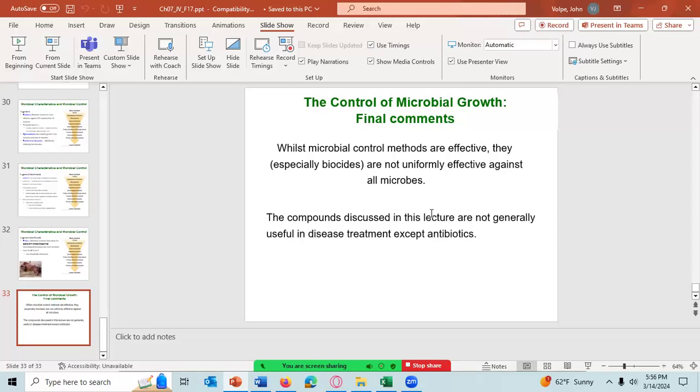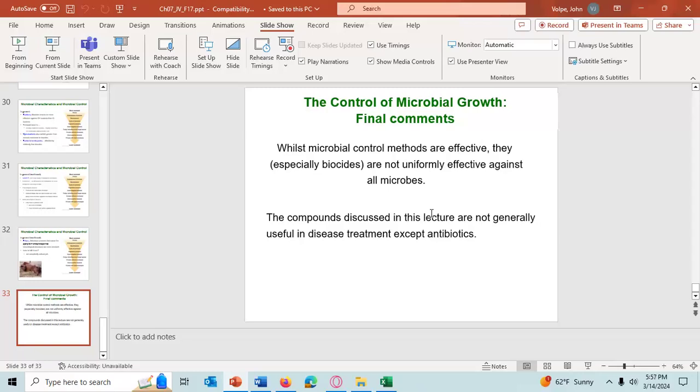All right, the compounds discussed in this lecture are generally not useful in treating disease, with the exception of the antibiotics. For example, you may recall that President Trump, when he was president, said, maybe we should give bleach to people to keep them from getting COVID-19. And that's not possible.